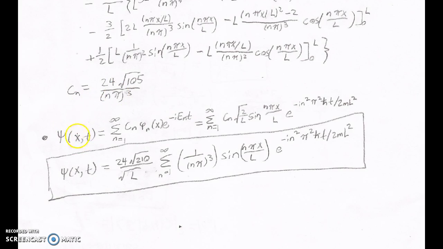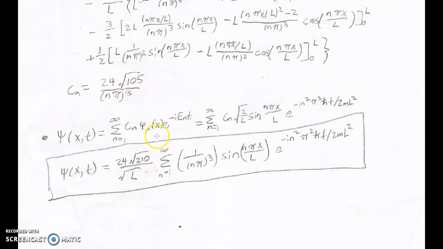So psi(x, t) is the sum from n equals 1 to infinity of c_n, this thing again, psi_n(x), e to the negative i, our energy, times t. We're going to plug in our c_n, well, not yet.